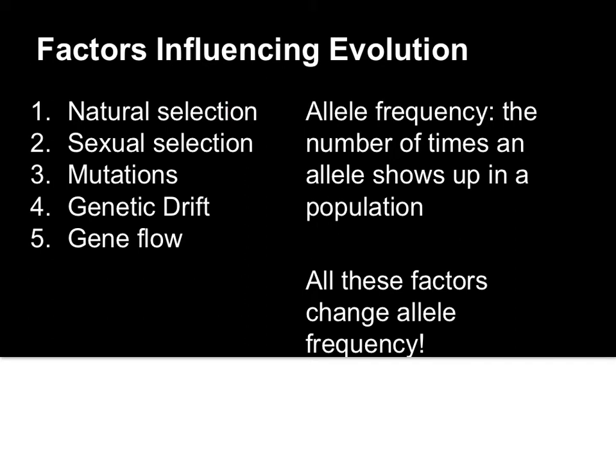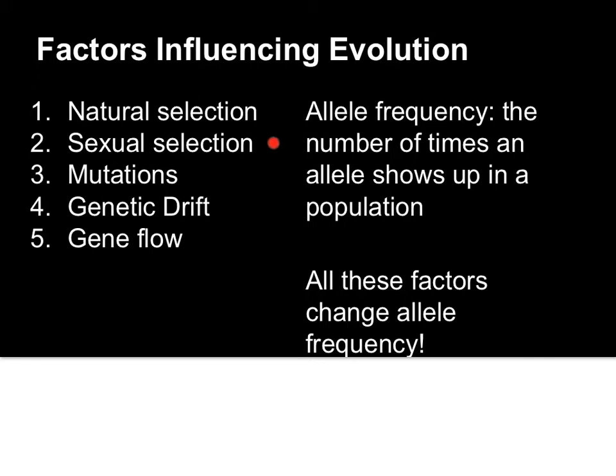So, we've been talking about genetics, and you know from genetics that an allele is one copy of a gene, whether it's dominant or recessive. Allele frequency is the number of times an allele shows up in a population. If we have a trait for really heavy fur in rabbits, and these rabbits are all of a sudden in an Arctic situation, the allele frequency of that really thick fur, to keep them warm and alive, is going to increase the colder the environment they're in.